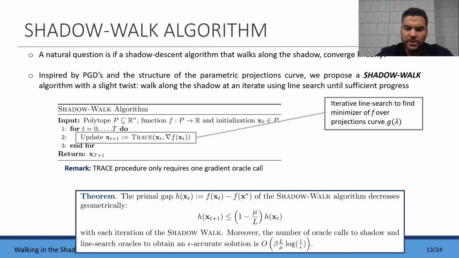However, we know that in trace, we actually do multiple line search and shadow computations. So the number of oracle calls made to shadow and line search oracles to obtain an epsilon accurate solution is O(beta L over mu log 1 over epsilon). So we incur this additional factor beta, and beta is the number of breakpoints that the trace procedure must visit.